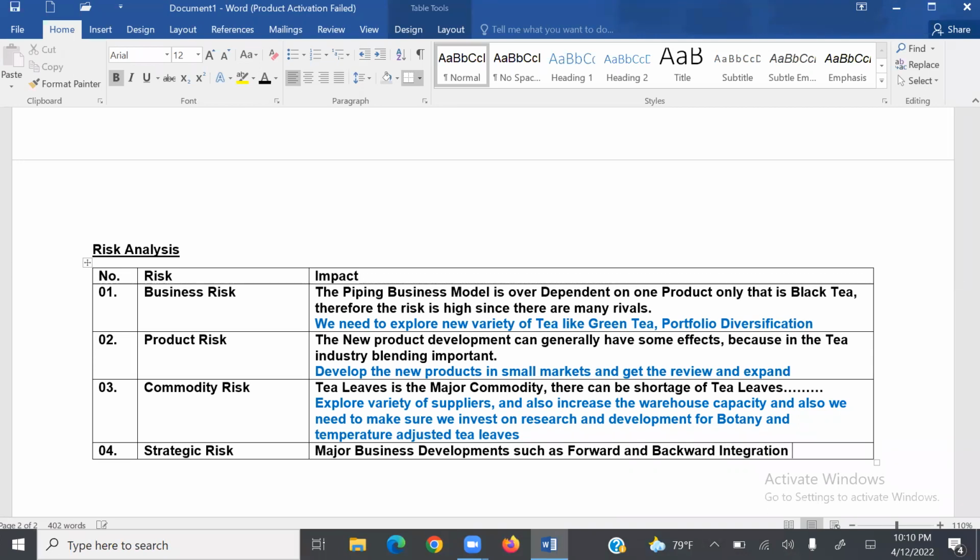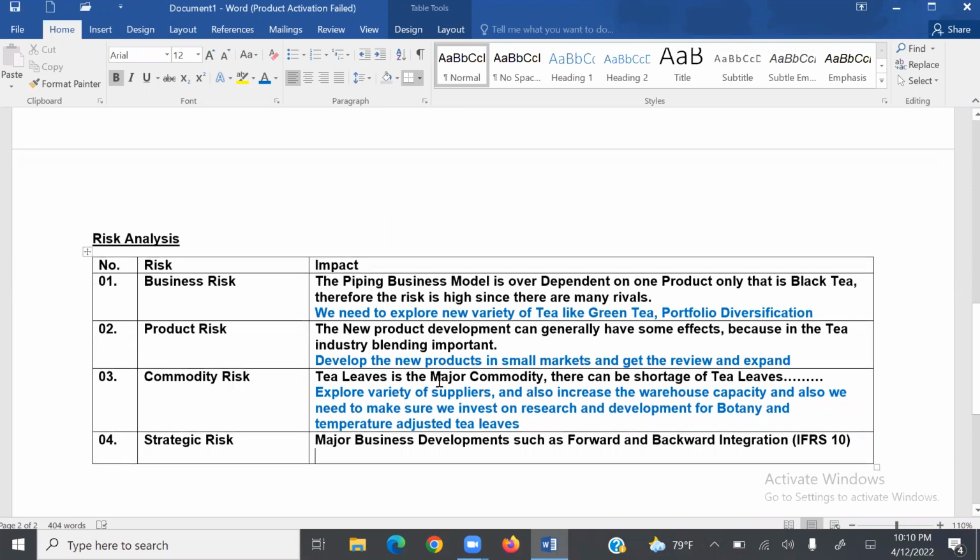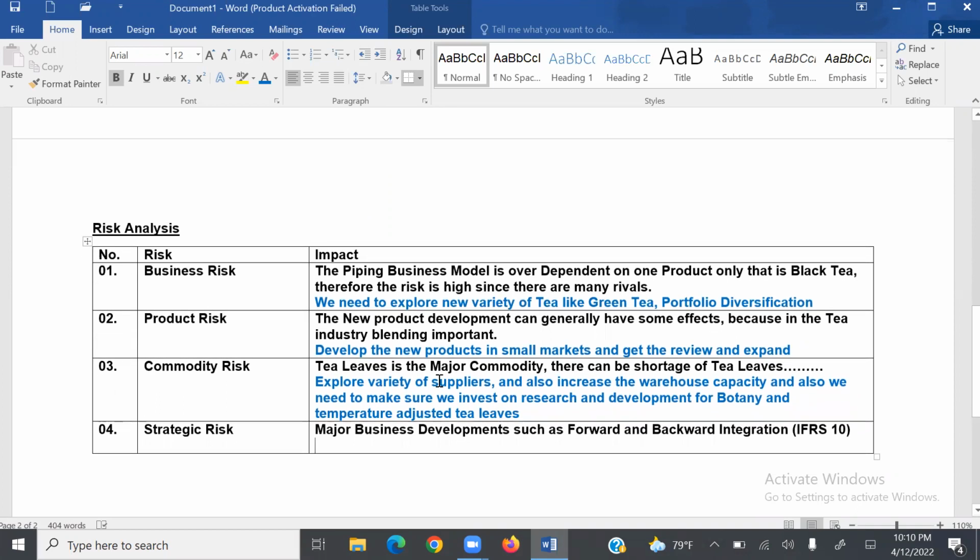Just get prepared, because I told you IFRS is very much tested. IFRS 10, they don't go into the calculation, but they generally go into the application of your answers. So be careful, students.